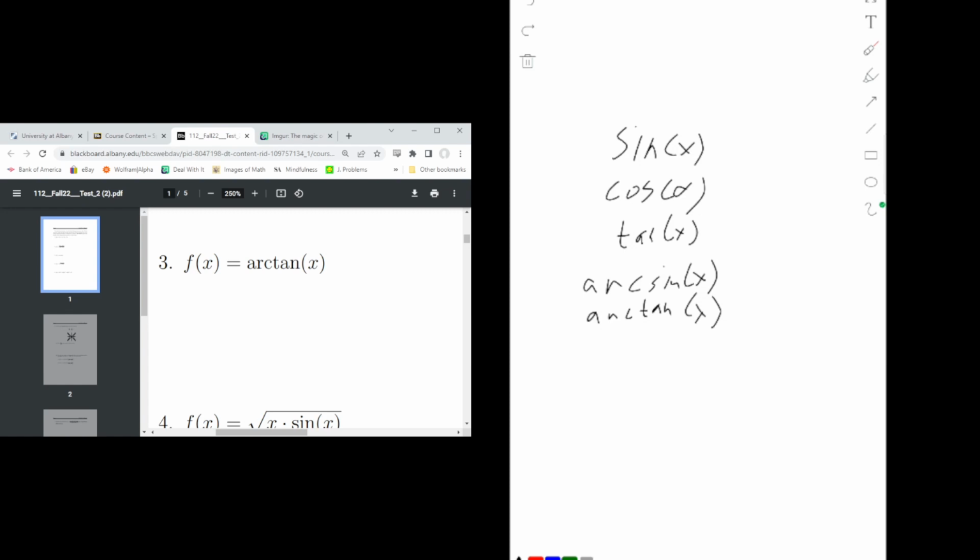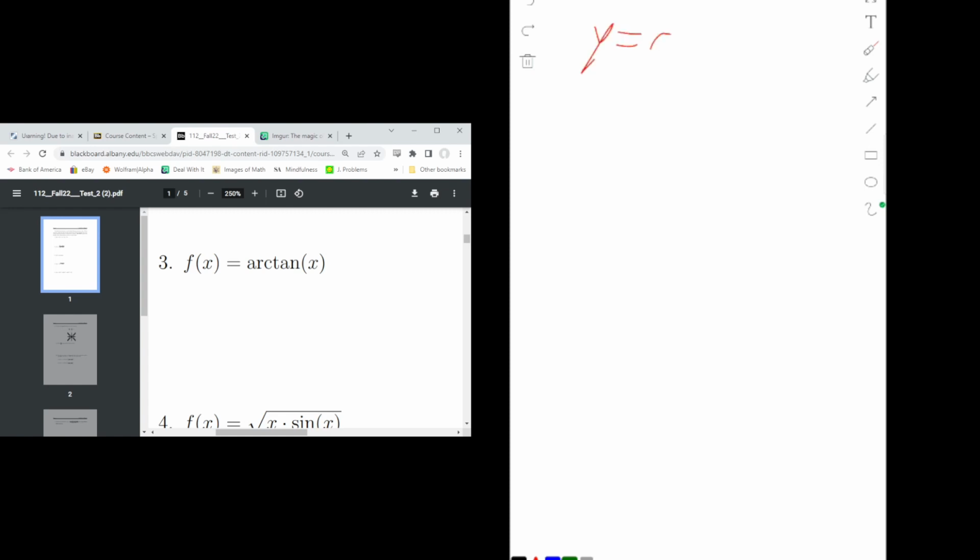All right? Anyway, the derivative of arctangent, which is the inverse function of tangent, technically could be derived through implicit differentiation. In fact, let's do that right now. If y is equal to arctan x, what that means is that the tangent of y is equal to x, and specifically that we're looking at a y in the principal domain of the tangent function.